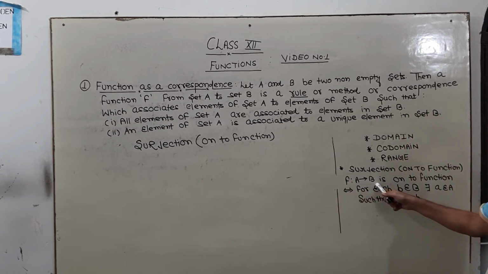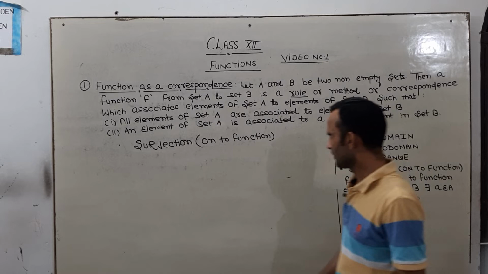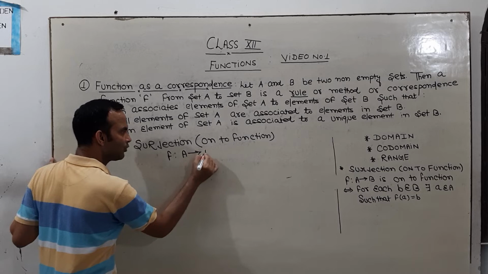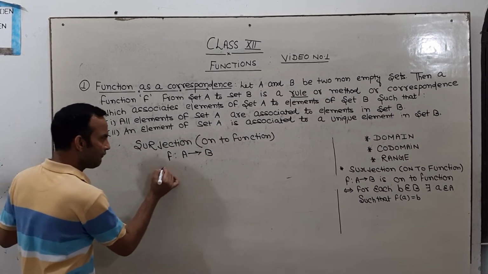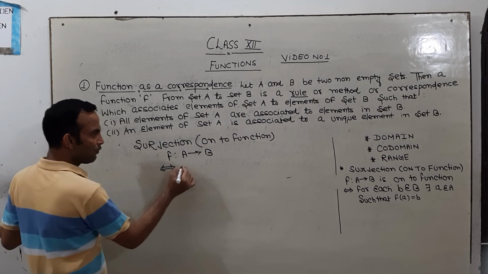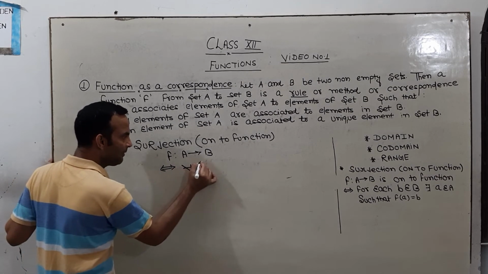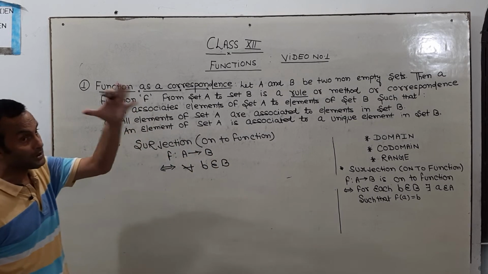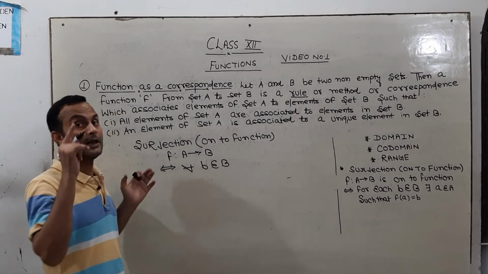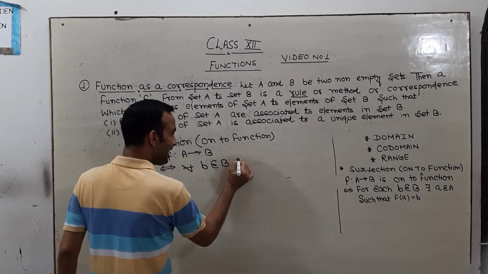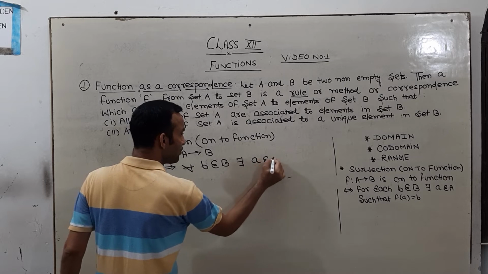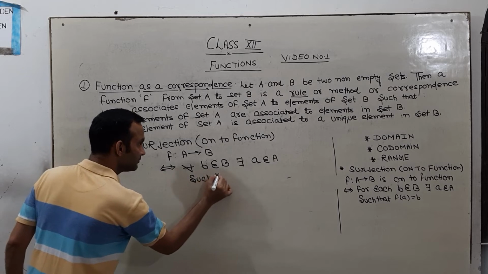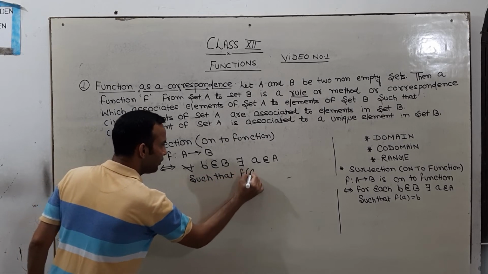If f is a function from A to B, it is said to be onto function if and only if for every b belongs to the set B, that is, for every element that comes in set B, there exists a belongs to capital A such that f(a) is equal to b.